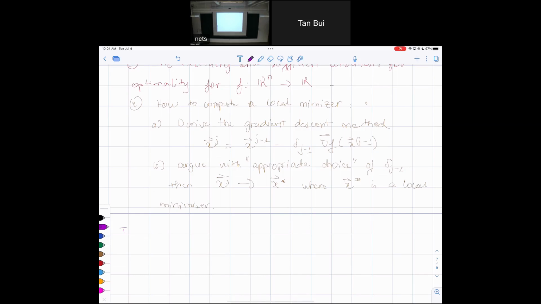Okay, so if not, our schedule for today: I think Professor Chung Hao already sent you the schedule. We're going to show the convergence of the gradient descent method for strongly convex functions.